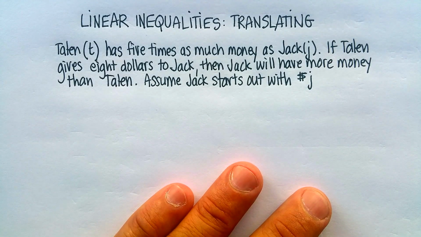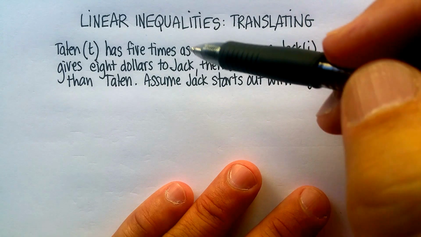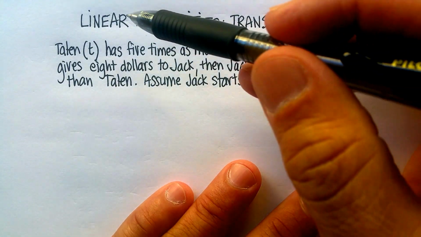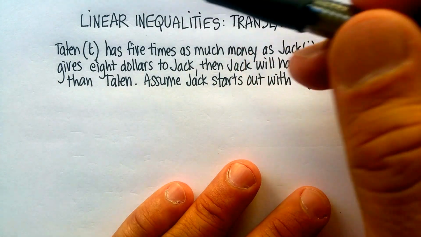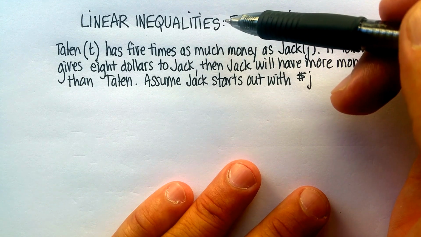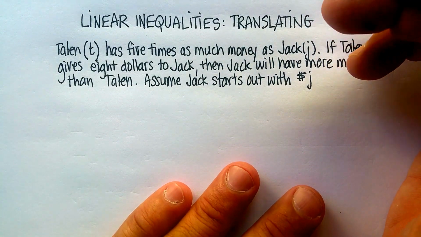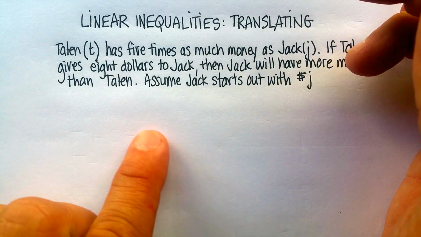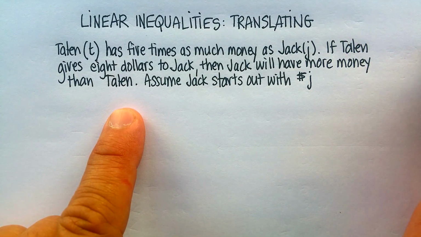Okay, in this video, we're going to try to translate real-life situations, not into linear equations, but into linear inequalities, which means we're going to be using, obviously, the inequality signs. Now, I just want to do a quick recap.